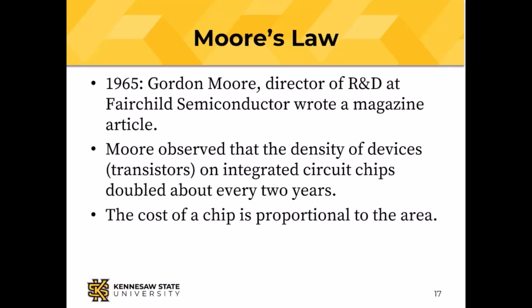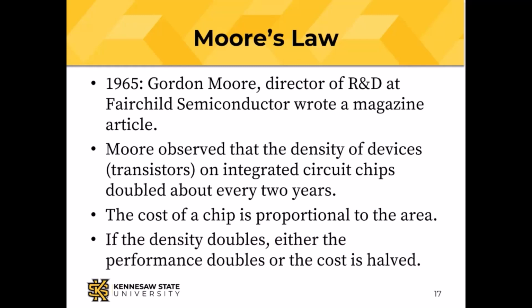And here's why. The cost of an integrated circuit chip is roughly proportional to the area. A big chip costs more than a little chip, right? And that makes perfect sense. If the number of devices per unit area doubles, if the density doubles, either we get twice as much performance for the same cost, or we get equal performance at half the cost.